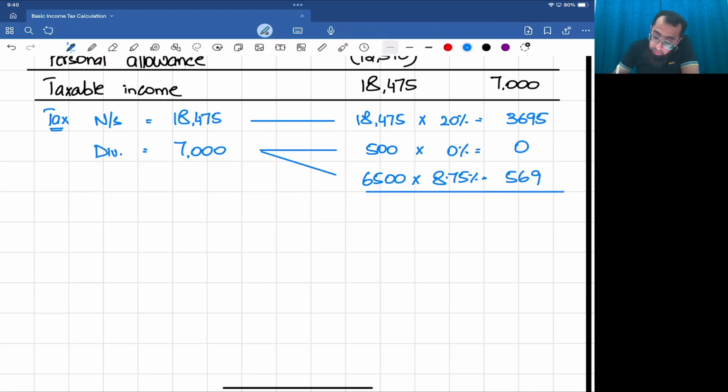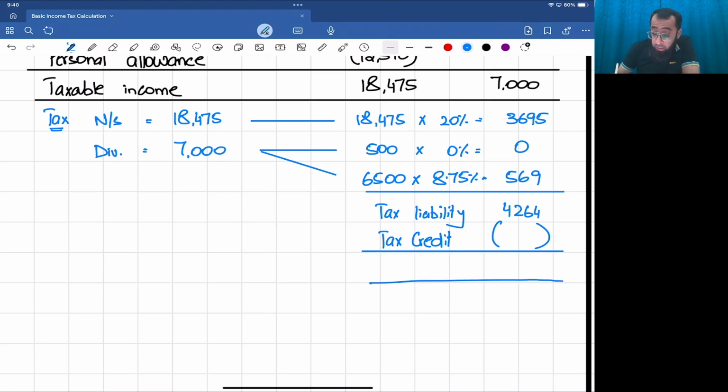You'll get your tax liability. So your tax liability will be 3695 and 569, so it's 4264. You adjust your advance tax, which you paid on the discretionary trust, to get your final tax adjustment.